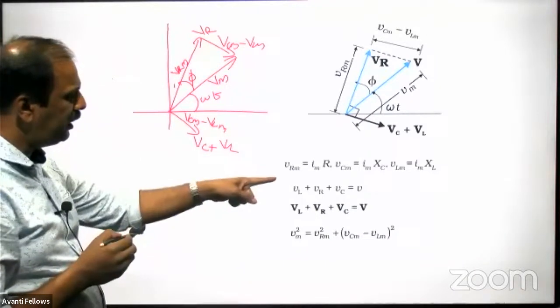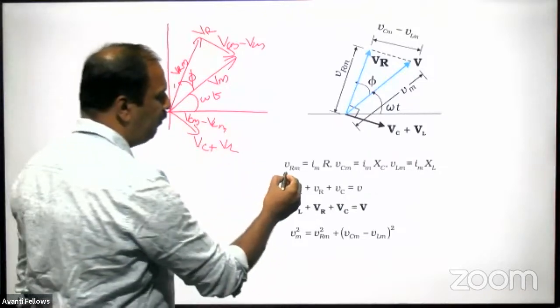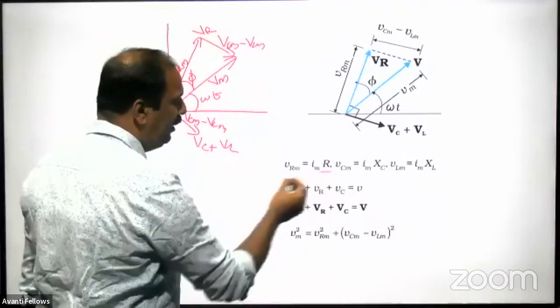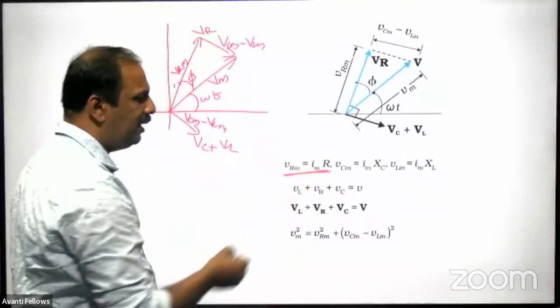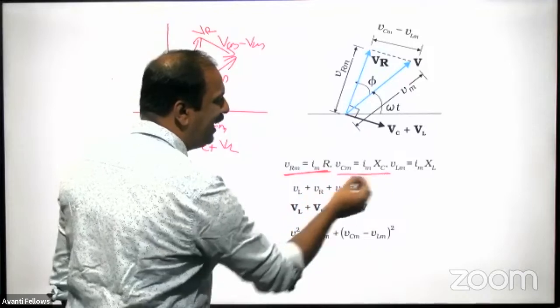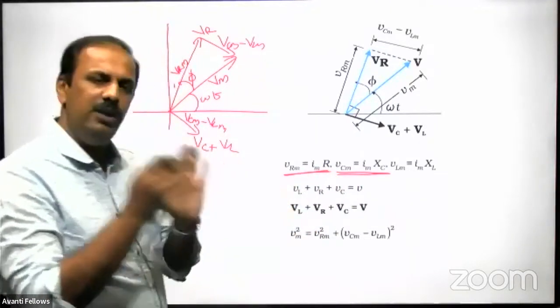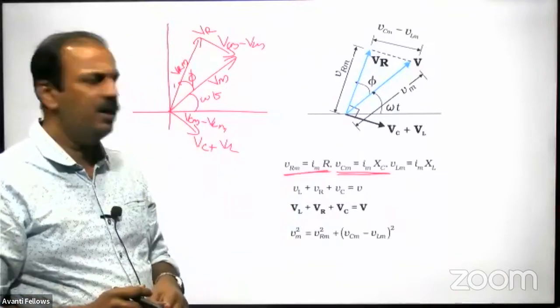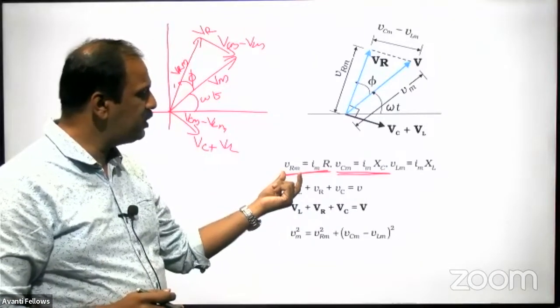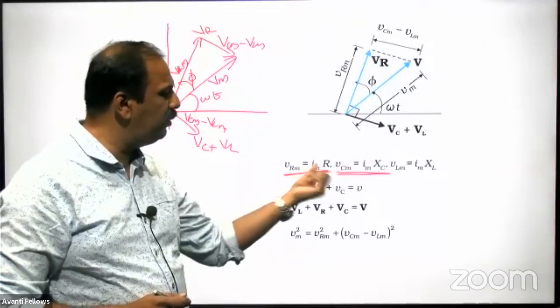Okay, so once more, these equations you see here, Vrm will be Im into R. That we'll discuss later. And Vcm will be Im into Xc. Because voltage is actually current into resistance or current into opposition. So the maximum voltage across resistance will be maximum current into resistance.